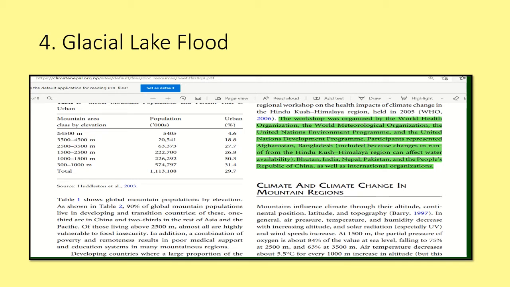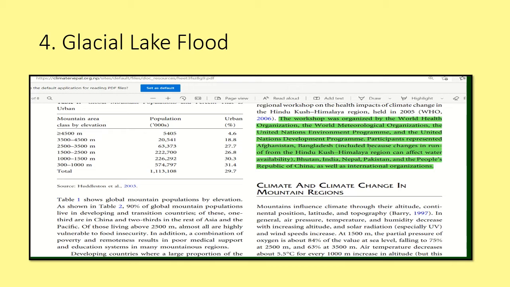They stated that the Hindu Kush and Himalayan region can affect the water availability of Bhutan, India, Nepal, Pakistan, even the Republic of China. So, water supply is very important in the case of South Asia because the main livelihood of South Asia is intensive subsistence farming that depends on the water supply and rainfall.